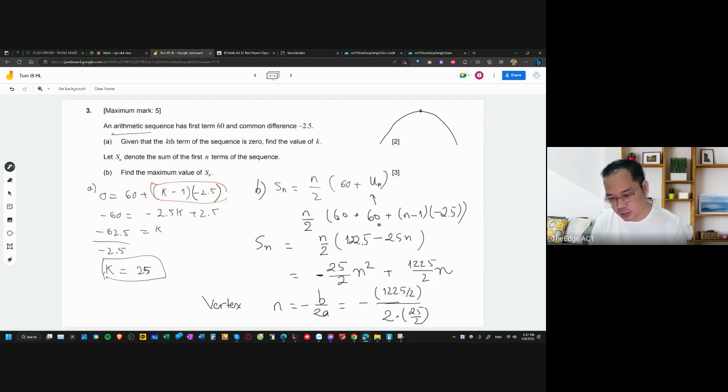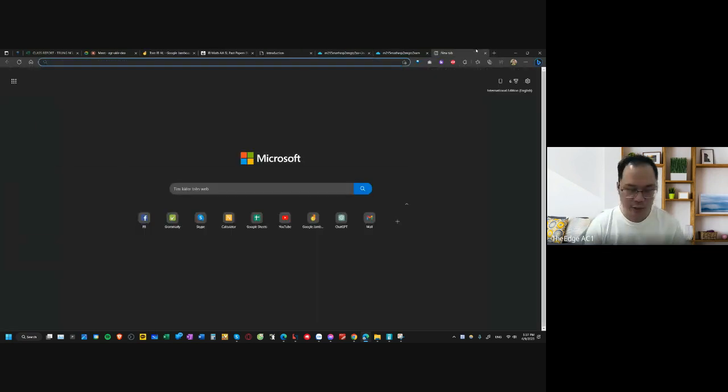So this is another way to find the maximum value using the vertex of this graph. The x coordinate of the vertex is minus b over 2a. The y coordinate is delta over 4a. Delta or minus delta, let me check that. Discriminant, huh? Delta is the discriminant.